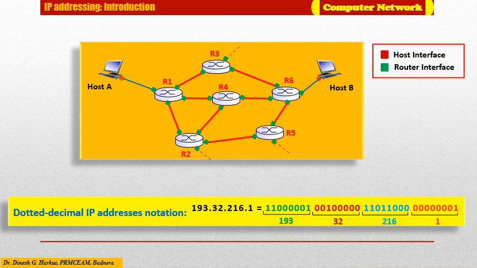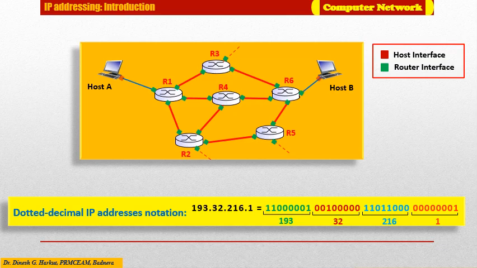The boundary between the host and the physical link is called an interface. Here, the host and the net is connected over a single link, and the boundary between the host and its physical link, which is indicated by a red mark here, is nothing but an interface.